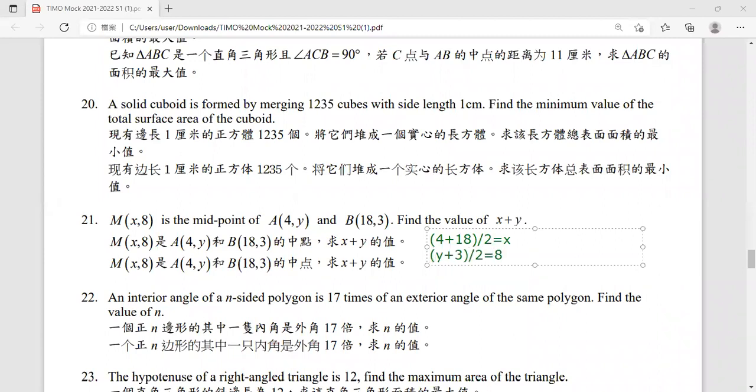So you'll find x equal to 11, and y equal to 13, and then x plus y equals 24. Just that. Okay. Nothing special.